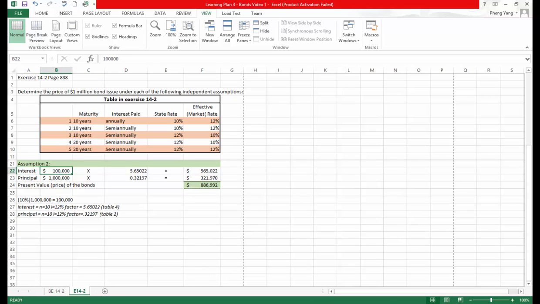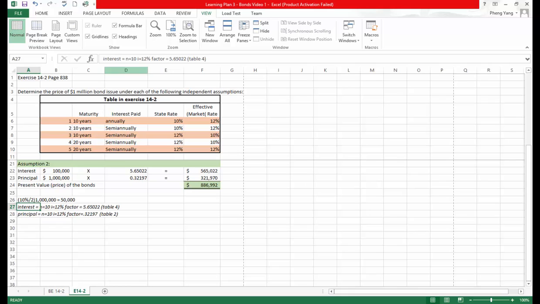And our interest won't be 100,000, because in this situation it's 10 years, but semi-annually. So we're going to take that 10% divided by 2, and then multiply it by 1 million. That should be half of it, which is 50,000. We're going to arrive at interest by using table 4.